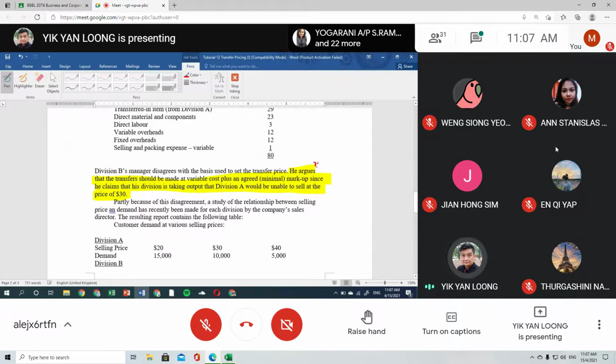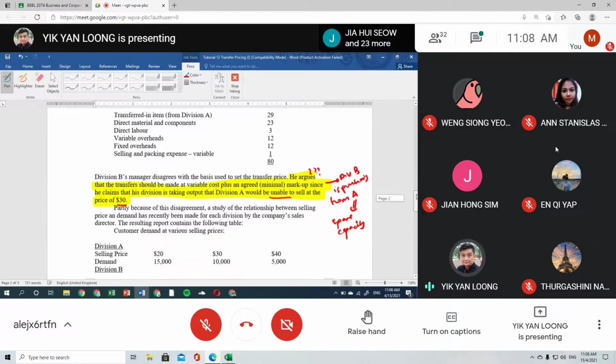It means division A uses its spare capacity to produce for B. So he claims that division A would be unable to sell this output at the price of 30. It means division A is using spare capacity to produce for internal transfer to division B.